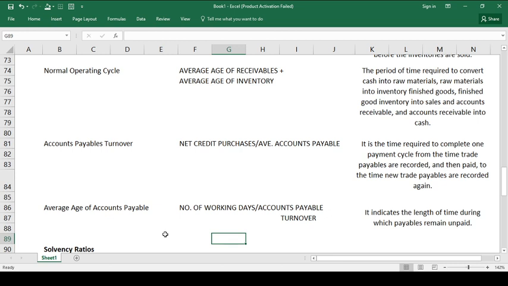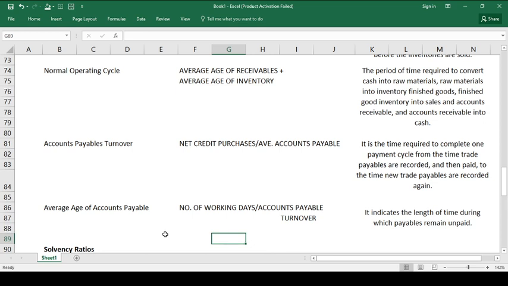Okay? Over the average accounts payable. Same din po sa average na receivable and inventory. The average is the sum of the beginning and the ending balance of the payable and divided by 2. And if ever the beginning balance is not provided, the ending balance is presumed to be the average balance.